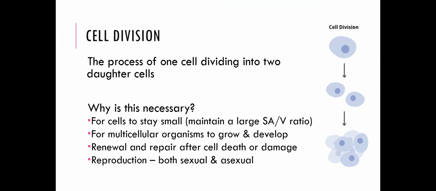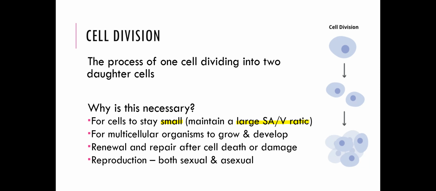And so why would we need for this to happen? Well, we've actually talked about this first one back in the cell unit. And so hopefully you remember that cells are tiny for a reason. The reason most cells have to have a microscope in order to see them is because they are tiny, and they are tiny because we want to maintain a large surface area to volume ratio.